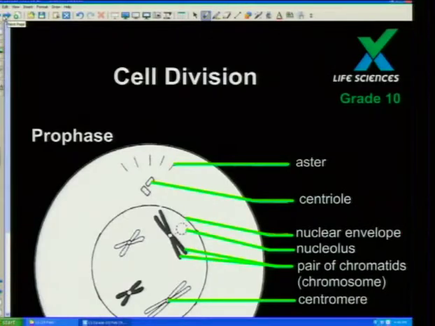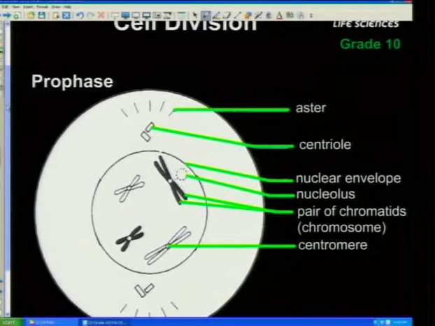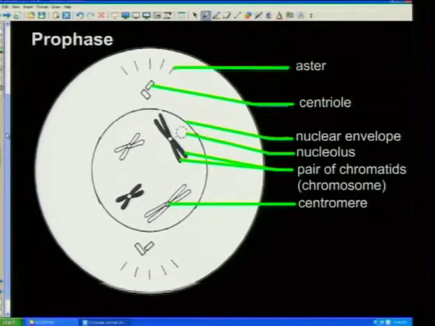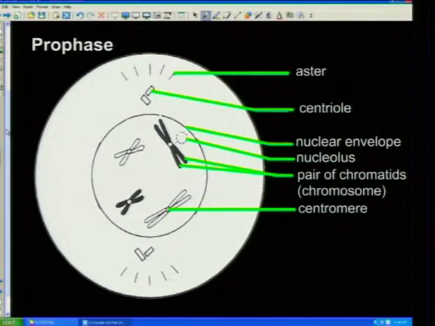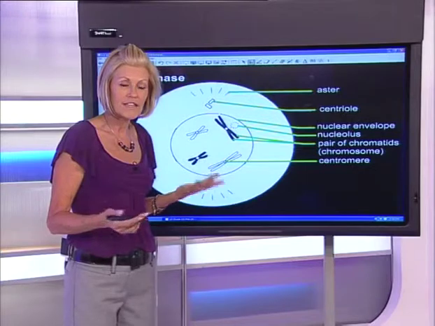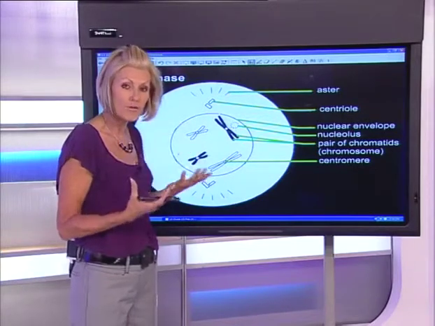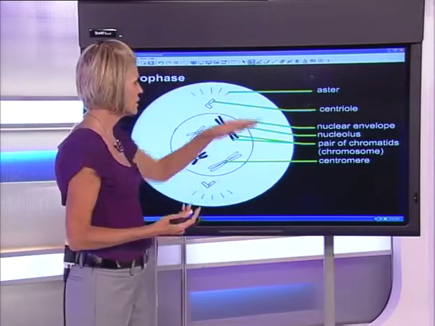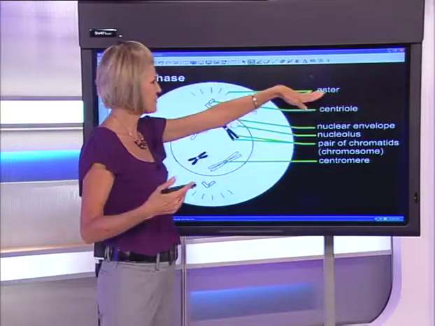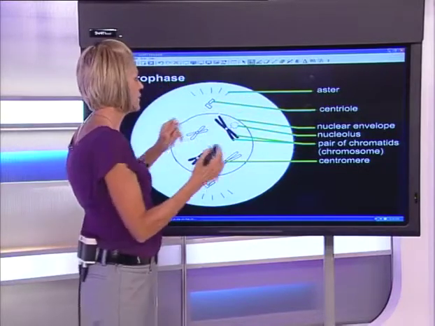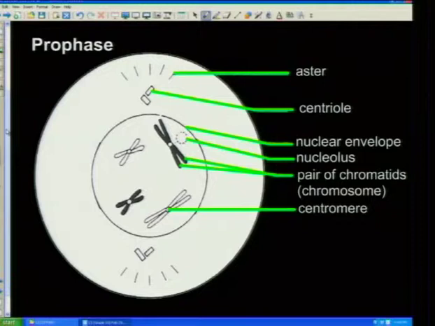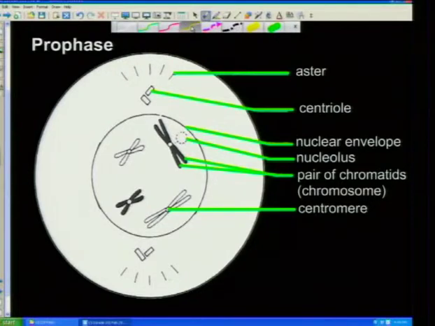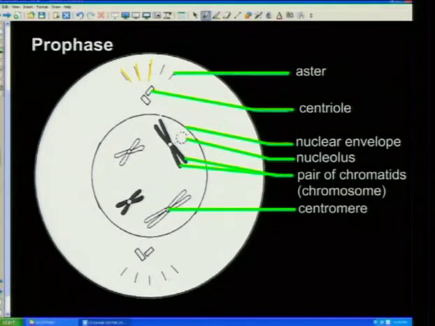Now we go on to prophase, and whoa, hang on, something's happening here. Aster, and aster is a flower. It's actually a very pretty yellow flower, and you get them in orange as well. What are we doing with flower labels here? Well, the aster, if you look here, you've got little rays coming out.